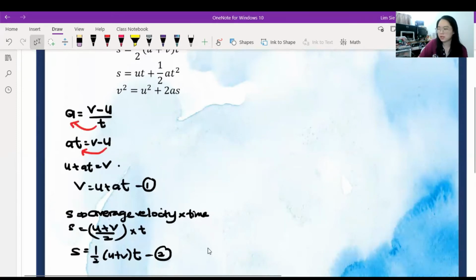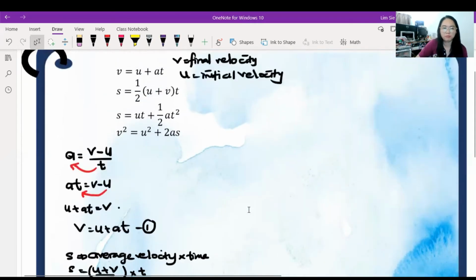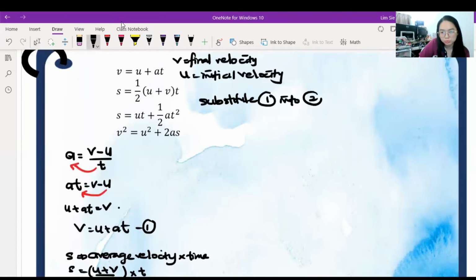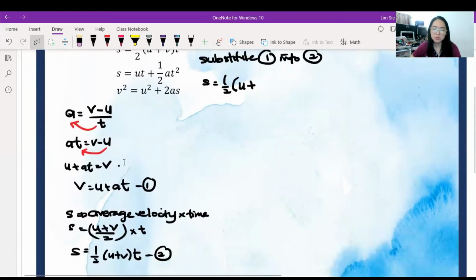Let me write here: I substitute 1 into 2. Then I get S equals 1 over 2 (U plus V), and I want to substitute V as U plus AT.